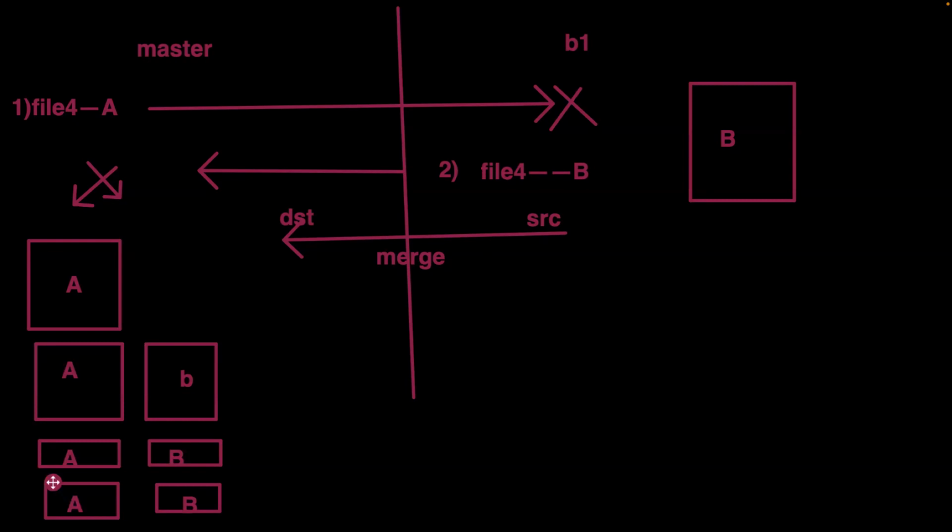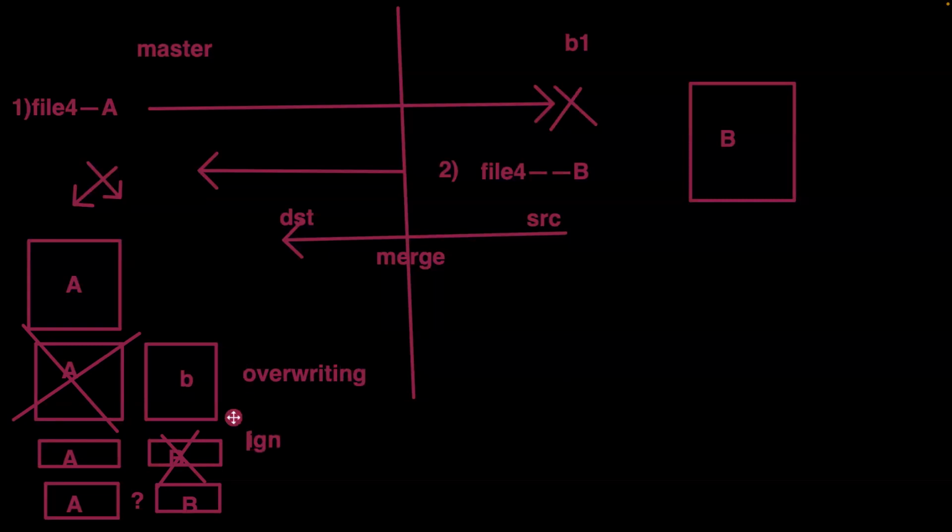So when it is coming, Git doesn't have a clue whether it should ignore this or override this and put this, or whether it should keep A and ignore B, or whether it should keep both. It has a confusion. It doesn't know what to do in this case. If Git overrides the existing changes, there is no point of using it, correct? It should not override.